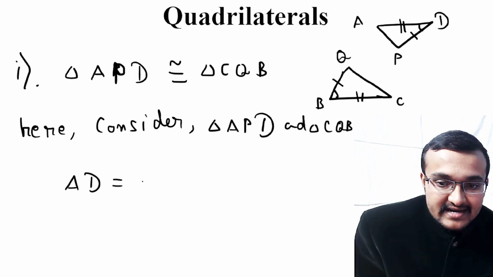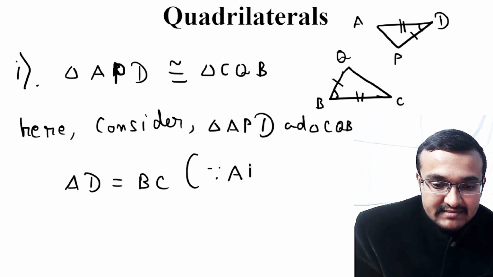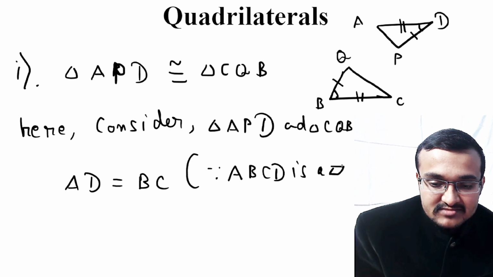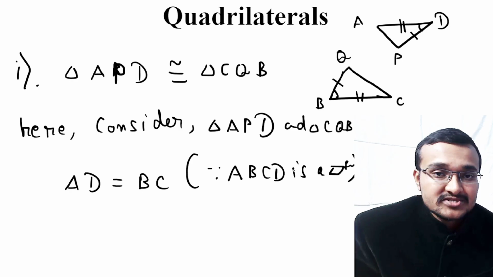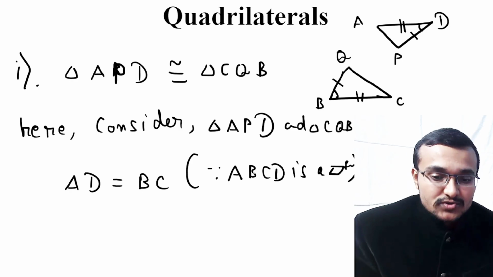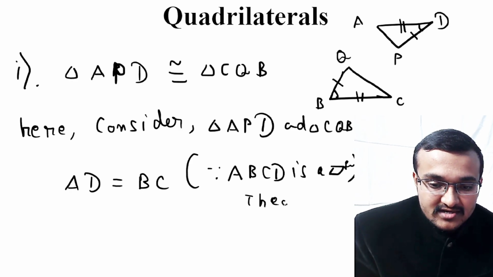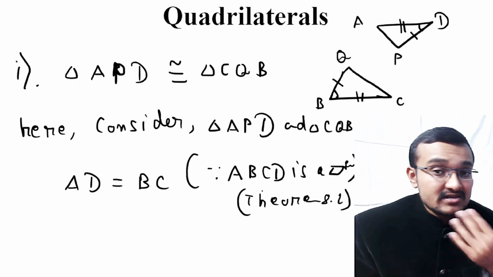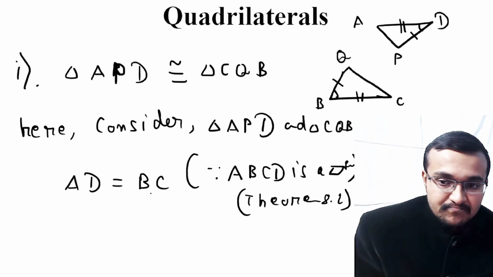AD is equal to BC because ABCD is a parallelogram. They have given ABCD is a parallelogram, and in a parallelogram opposite sides are equal to each other. That is according to theorem 8.2: opposite sides in a parallelogram are equal to each other. So AD is equal to BC.